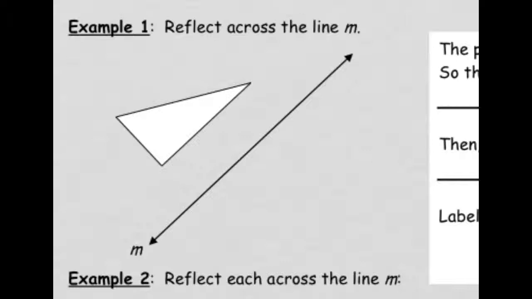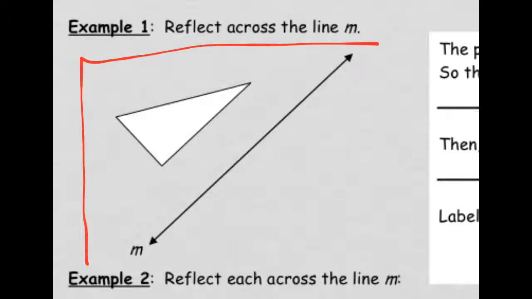So I want you to take a corner of your patty paper and lay it down on that image, and I want you to trace that image onto your patty paper. And give it a good amount of lead.